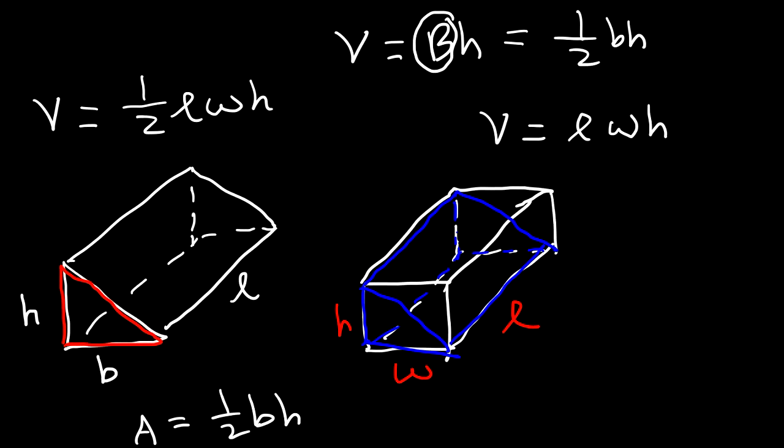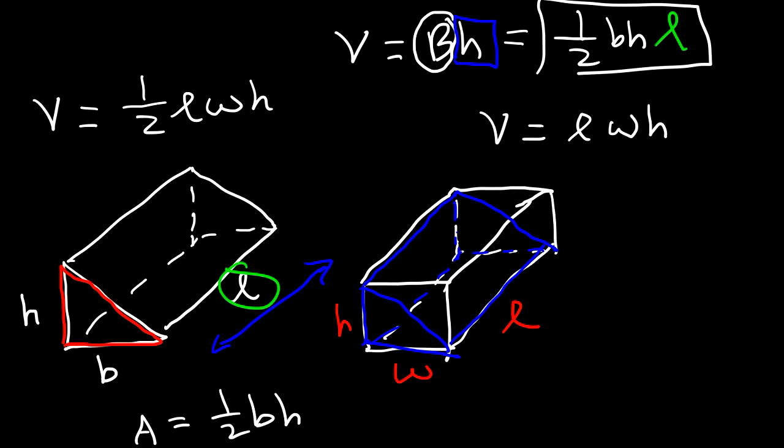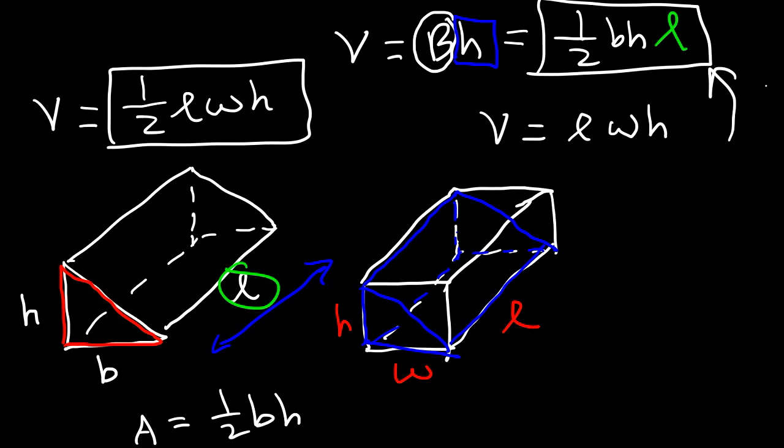Now, this h is the height of the prism, which we defined to be L. So this h in blue is not the height of the triangle. It's the height of the prism, which I'm going to call the length of the prism. So notice that this formula is very similar to this one. It's 1/2 times the 3 dimensions. So that's how you could find the volume of a triangular prism.